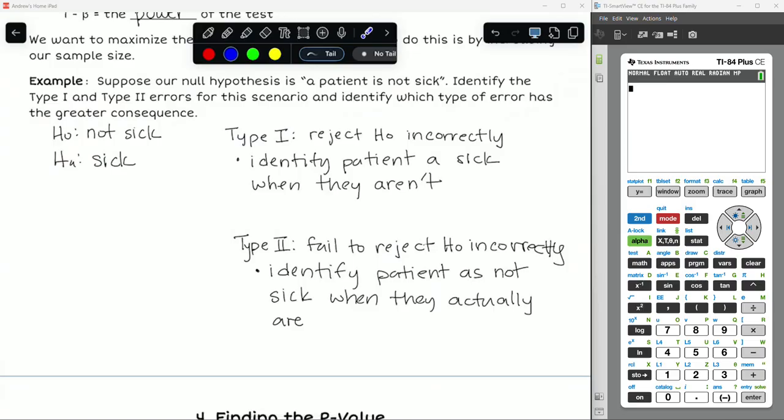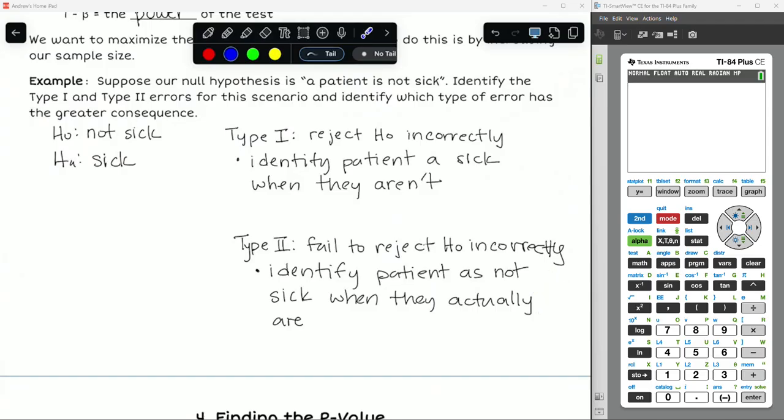If we're talking about something that's not super serious, it may not matter if we identify them sick when they aren't, because we're probably not using strong meds to treat, so even if they're healthy, we wouldn't cause any damage. And if it's not something serious and it's not something contagious, identifying them as healthy when they're not probably isn't going to cause any harm to themselves or others either. They're just going to feel crappy for a couple of extra days.